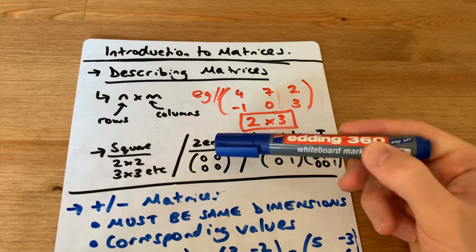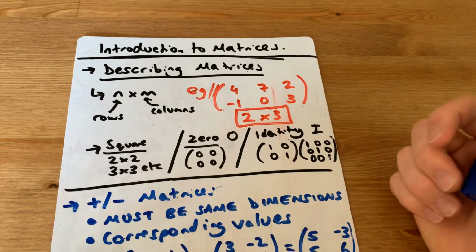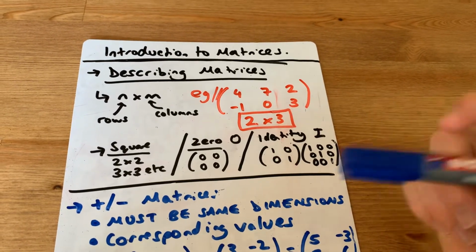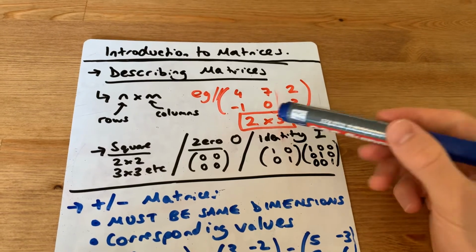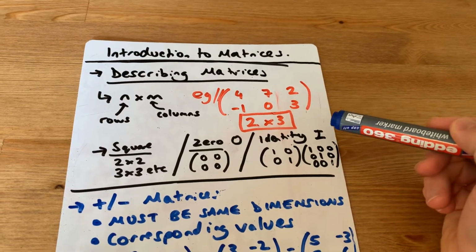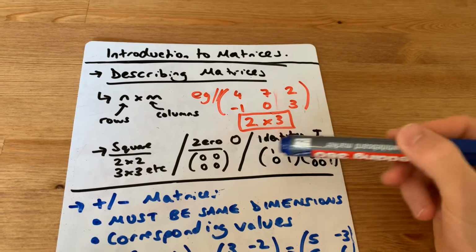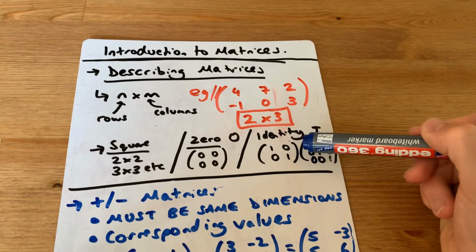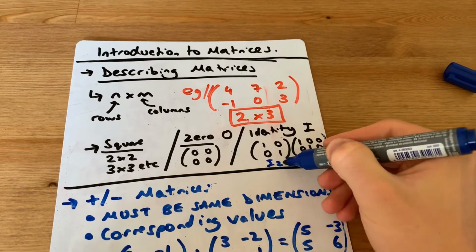There is such a thing as a zero matrix, denoted by a 0, and that is going to be any matrix in which all terms are 0. And finally, the identity matrix, which is quite an important one for us, and it's a matrix which takes this format, alternating ones and zeros. Technically, this one here is called I2.